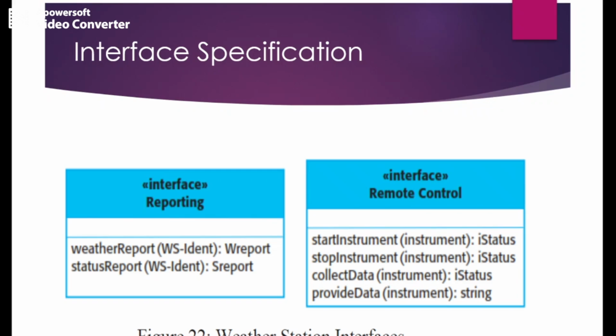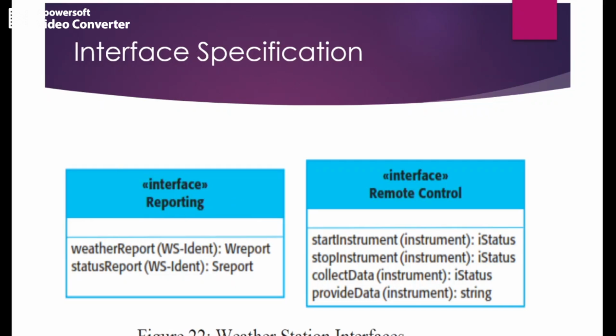Just see the diagram. The figure name is weather station interfaces. So what all interfaces are we going to use in the weather station? We are going to see the interfaces being used in the weather station. I've told you that an interface you are representing as a class diagram only. So at the top section you will have the interface name.